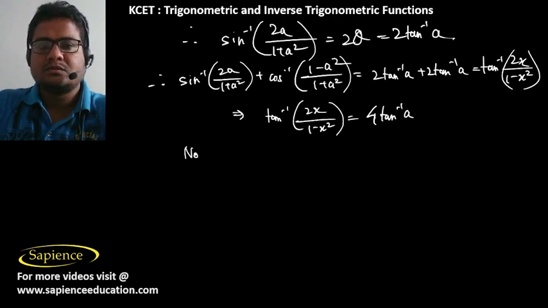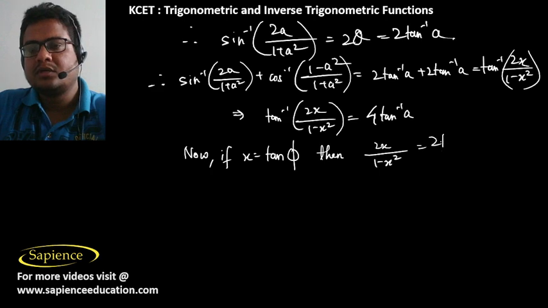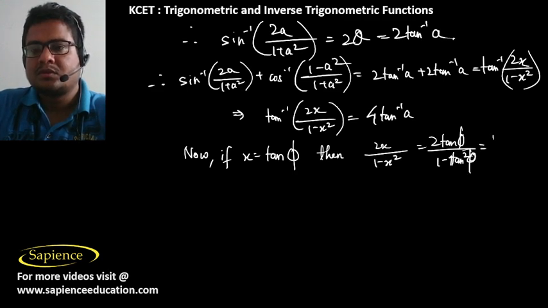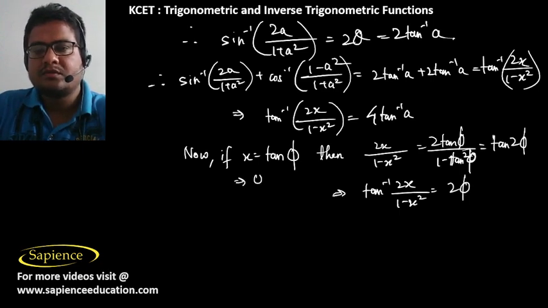Now again, suppose x is tan phi, then 2x by 1 minus x square equals 2 tan phi by 1 minus tan square phi, which is tan 2 phi. So tan inverse of 2x by 1 minus x square is equal to 2 phi, and phi is tan inverse of x. So this will be equal to 2 tan inverse of x.